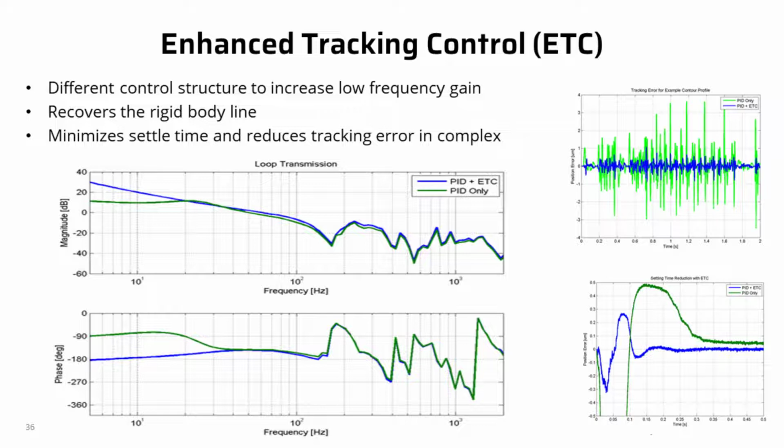Another is maybe to put a different structure in place. So here's a different control structure, and what it does is allow me to recover that inertia line in the system. As evidence, if you look at the green curve and the gain here, you can see that flatness, say around the 10 hertz area, and that is, again, evidence of the friction.